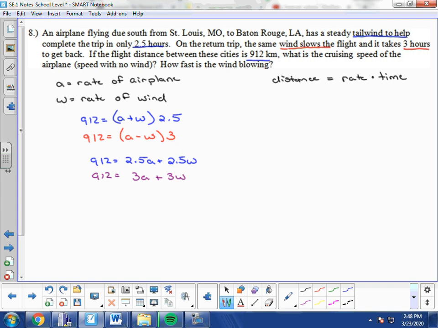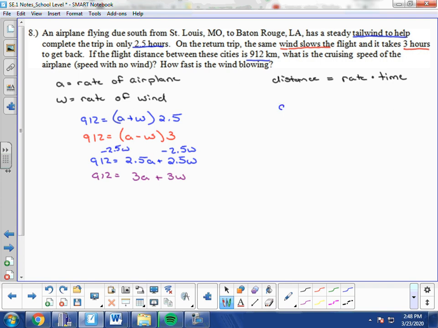So let's actually graph this. In order to graph this, we need to get either A or W by itself. So let's take the first equation and let's use A as the variable we're going to get by itself. So what I would do here is I'd subtract 2.5W from both sides.